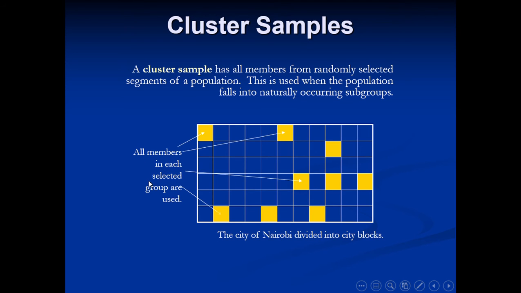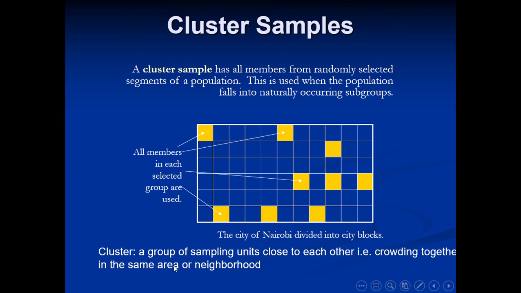So all members in each selected group are used and they bear the same characteristics, they have the same texture, they have the same representation. So whichever block I pick, it will give the representation of the others. So it is a group of small sampling units close to each other, crowding together in the same area.